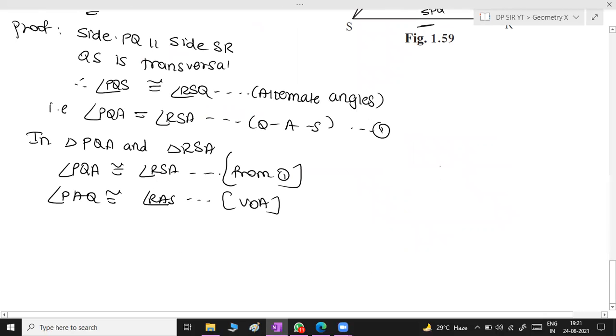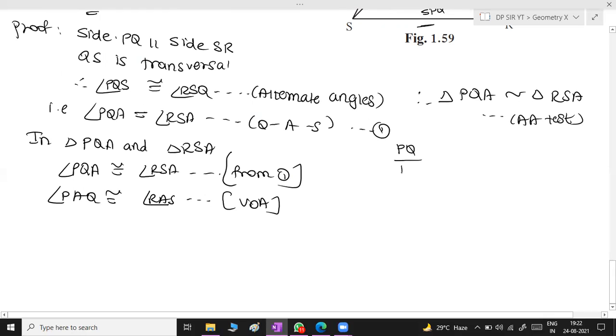And therefore triangle PQA will be similar to triangle RSA, and this will be using AA test of similarity.